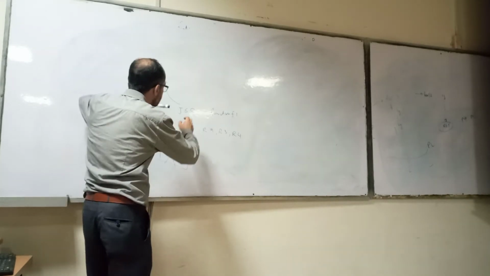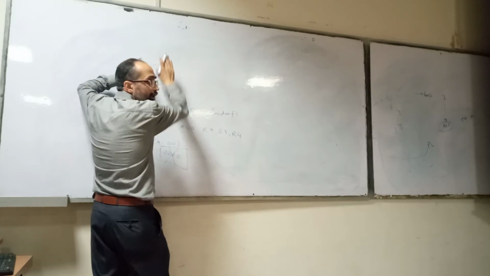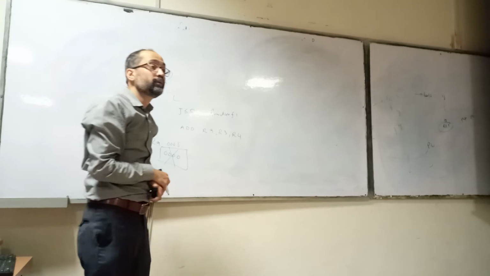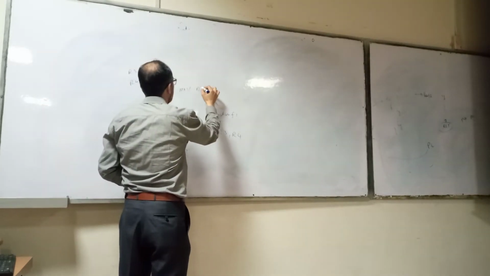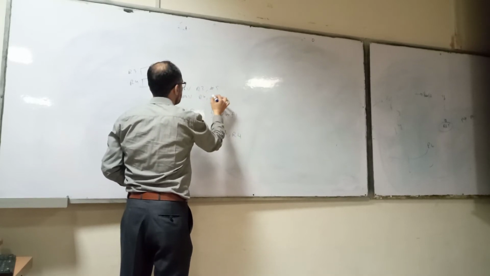Now, let's assume at this point we have these values already stored. Let's assume we have this: move R3, hash 5. Move R4, hash 3.